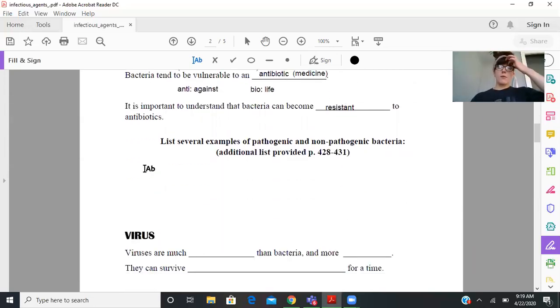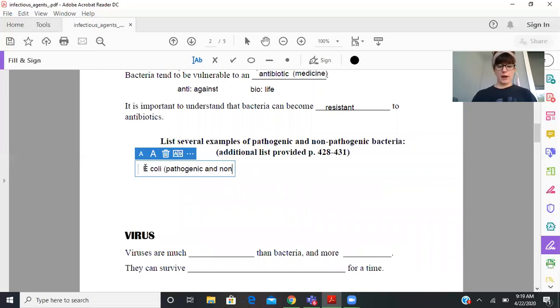So some examples of pathogenic and non-pathogenic bacteria would be E. coli, which can come from food. There's both a pathogenic and non-pathogenic strain. You also have whooping cough, which they look out for in babies. Tetanus, which is if like you step on a rusty nail.